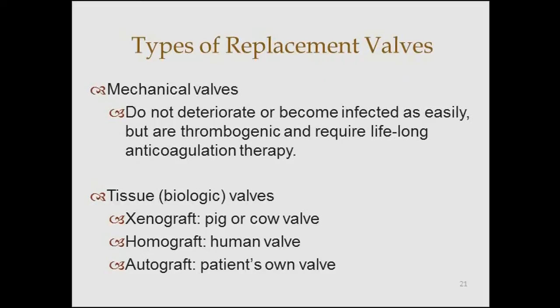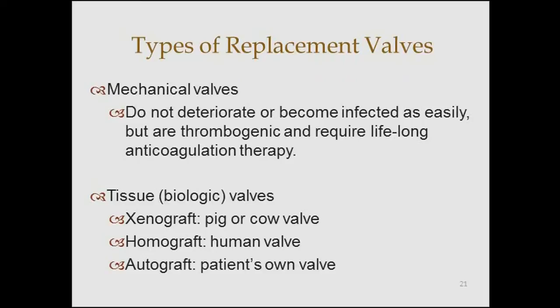So if you run across a patient in clinical this semester that has a valve, you want to know, first off, is it mechanical or is it tissue? And then, depending on what you find, it would just be interesting to correlate how old they were when they got their valve. Sometimes patients can't take anticoagulation.